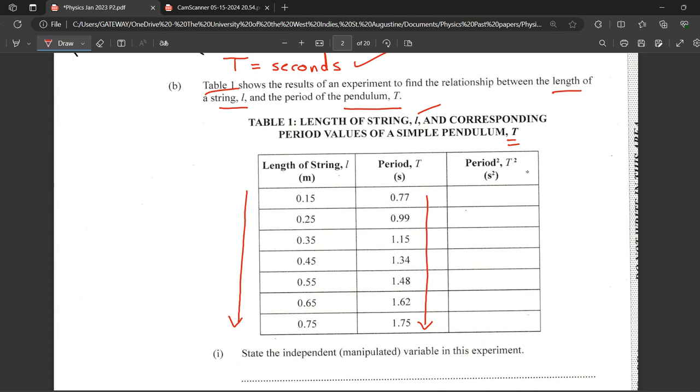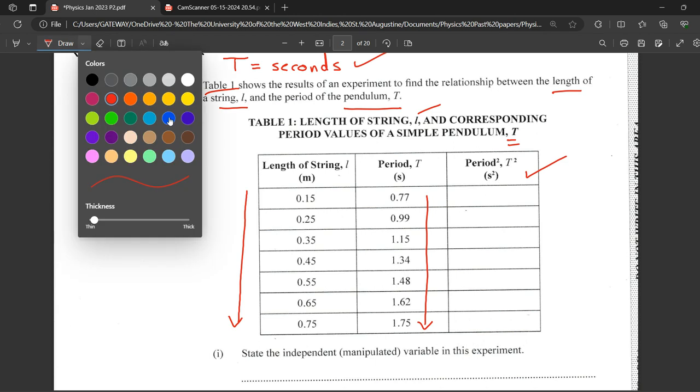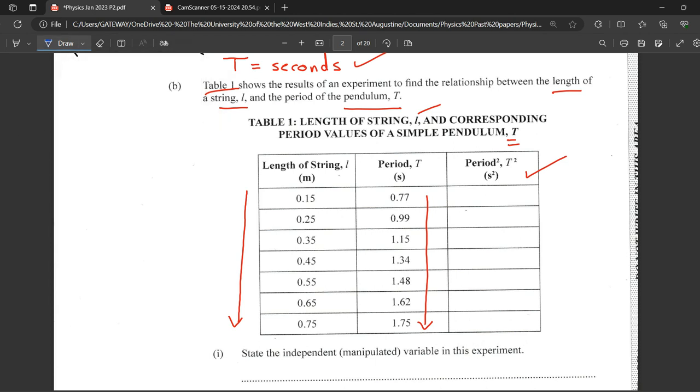They want you to fill out the period squared column. So I'll do a sample calculation here, and you can use this for the others. The first one is period squared, where the period is 0.77.